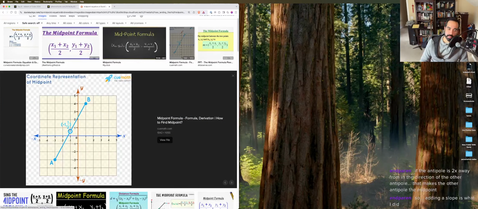My brain. If I add the slope to the y, but no, you have to multiply by x, right? To get the... oh my god, my brain. So adding a slope is what I did. Makes the other antipole the endpoint. I need another cup of coffee.